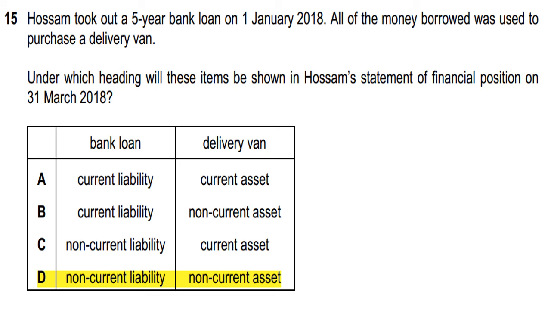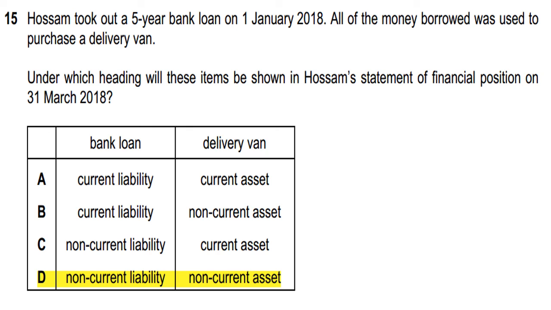And Hossam took out a 5-year bank loan on 1st January 2018. All of the money borrowed was used to purchase a delivery van. Under which heading will these items be shown in Hossam's statement of financial position on 31st March 2018? D option will be correct.